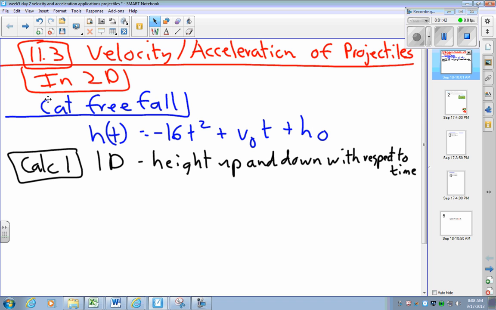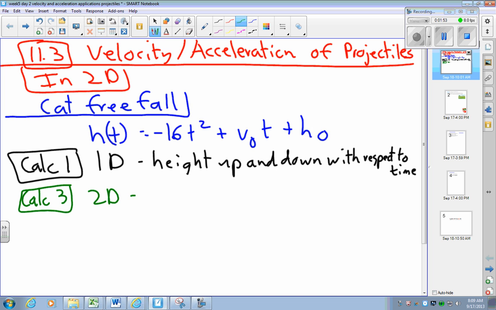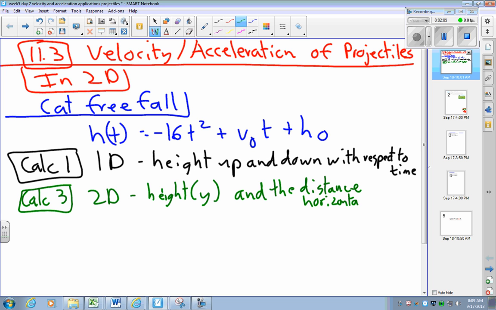Well, in Calc 3, for the moment, I want us to do it in 2D. I care about the height, which is the y component, and the horizontal distance, which is the x component.